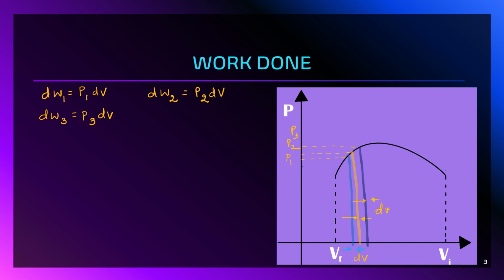Now we are going to find out the work done starting from initial volume to final volume. Hence, we are going to get many such strips. And continuing this process to get the net work done, we are going to add all these small works.